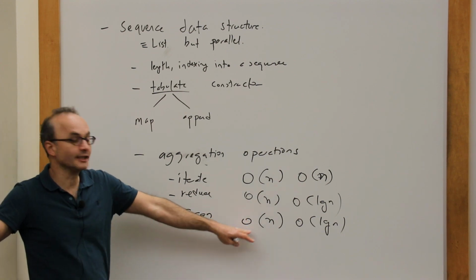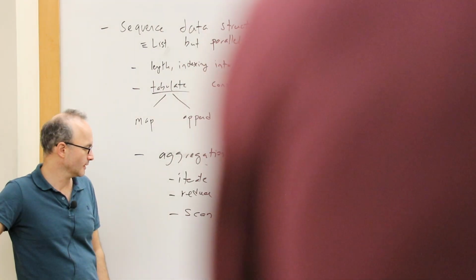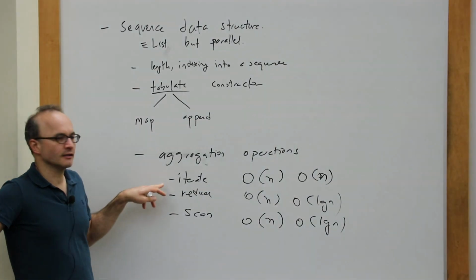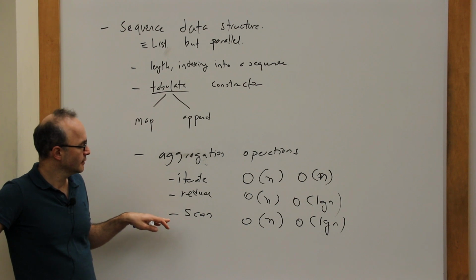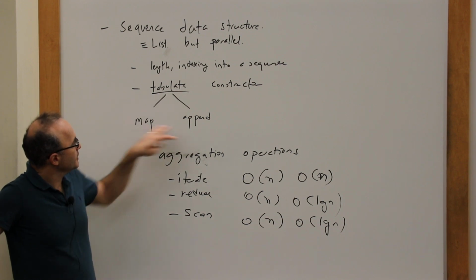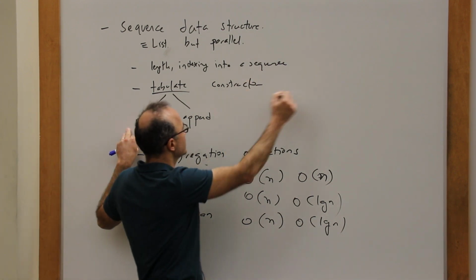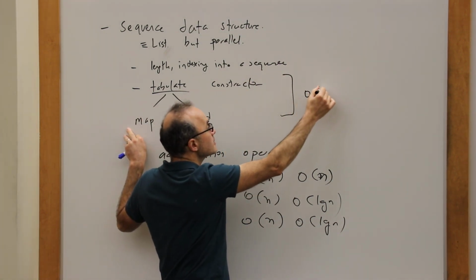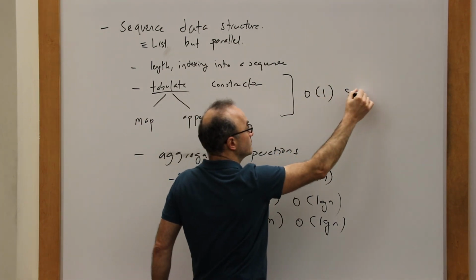It requires linear work, logarithmic span, which is great because you get a lot of the power of iterate in logarithmic span. So that's the key point. And obviously, all of these operations, like maps, tabulates, appends, are all order 1 span.